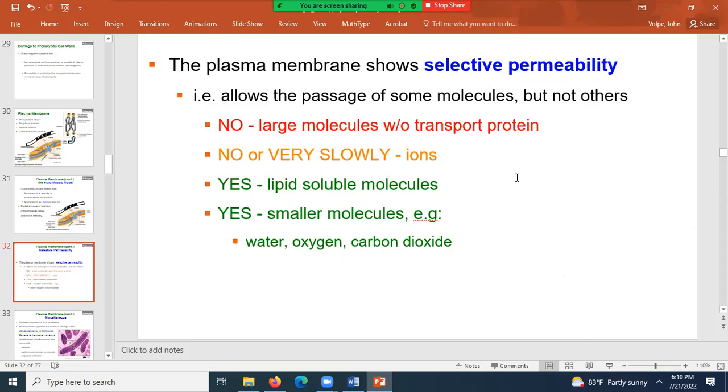You're not going to have a whole lot of lipids outside the cell. But if you eat a cholesterol-rich diet, for example, you'll get cholesterol in your blood, and then that cholesterol will move right through the lipid bilayer of your cell. So lipid molecules can move through the plasma membrane.